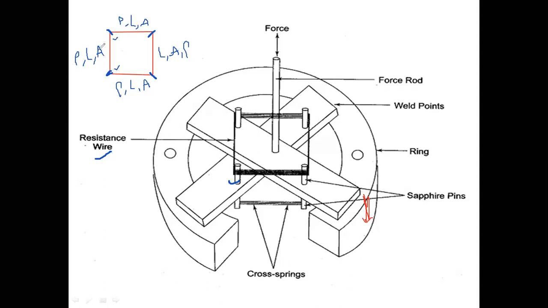So let us suppose the resistance of this wire is R1, the resistance of this wire is R2, the resistance of this wire is R3, and the resistance of this wire is R4.